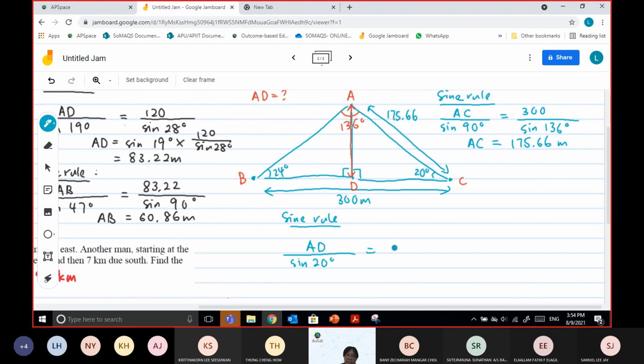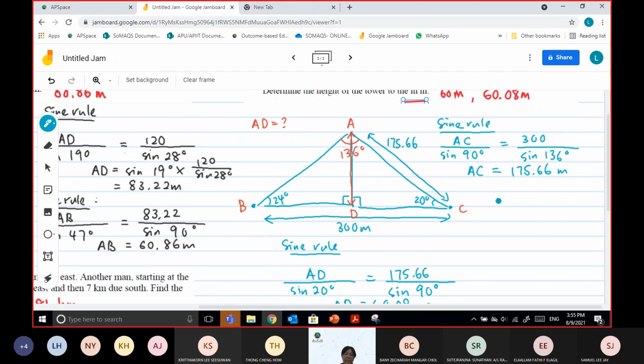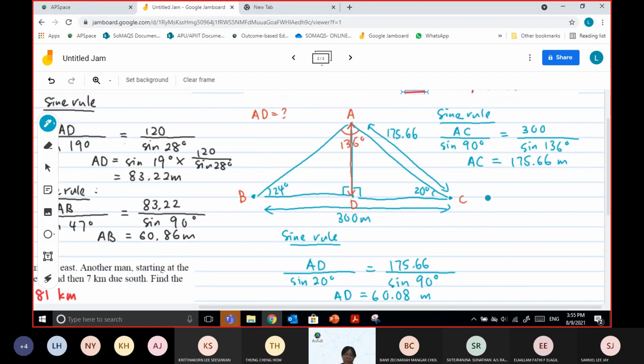I use AC, 175.66, and the corresponding angle is 90 degrees, sine 90 degrees. So from here I solve for AD, which is 60.08 meters. Is that clear for question 7?